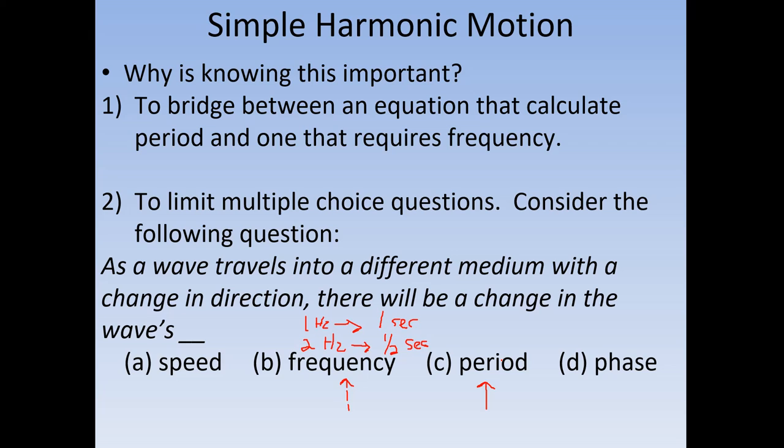The one thing that I do want to point out though is that if this was worded slightly differently, so let's say I instead said there will be an increase. I probably shouldn't have deleted what I wrote, but whatever. Let's say they said there will be an increase in the wave's blank.